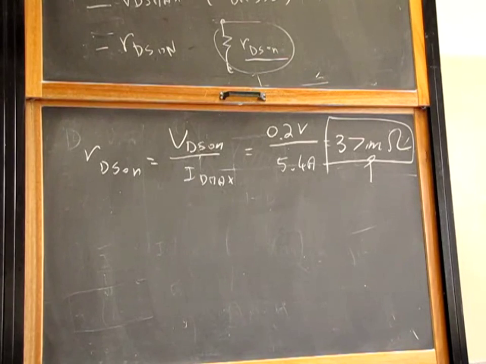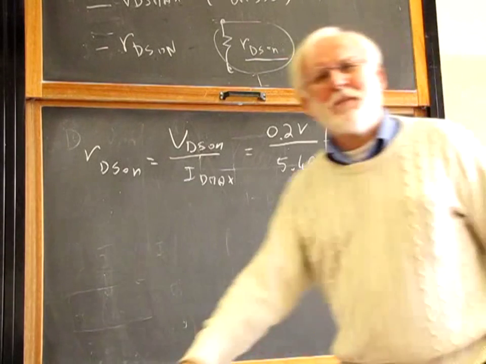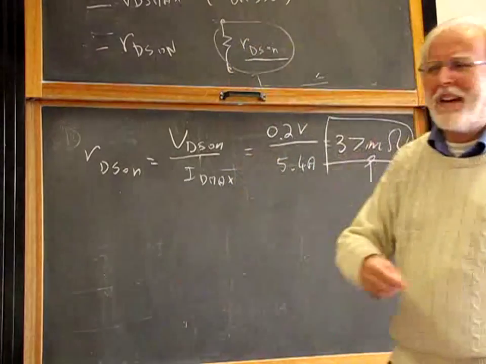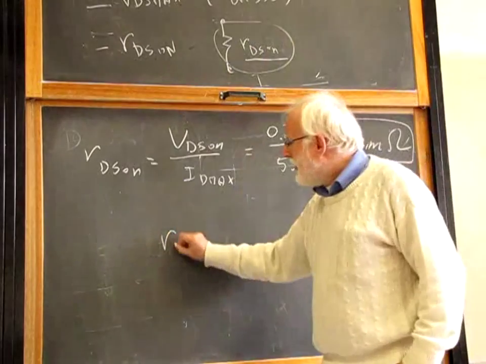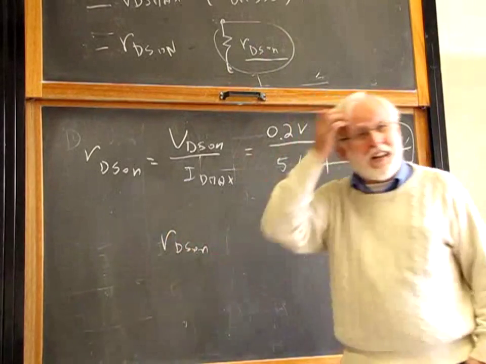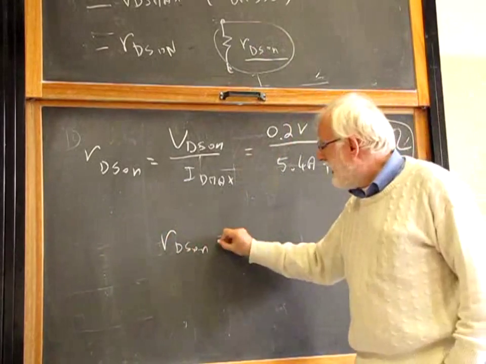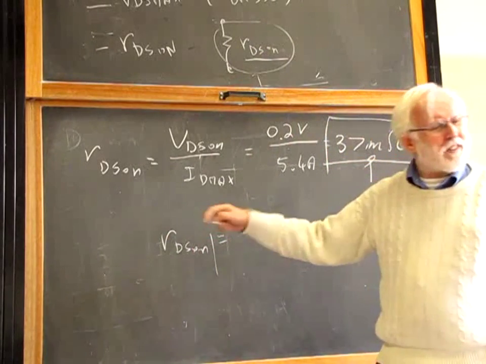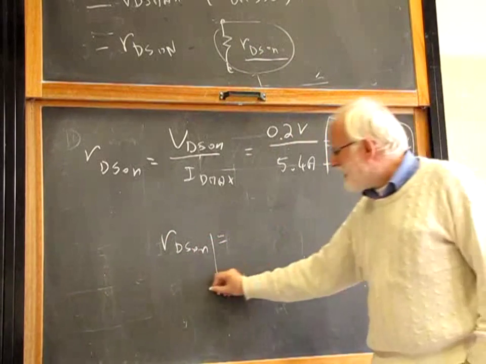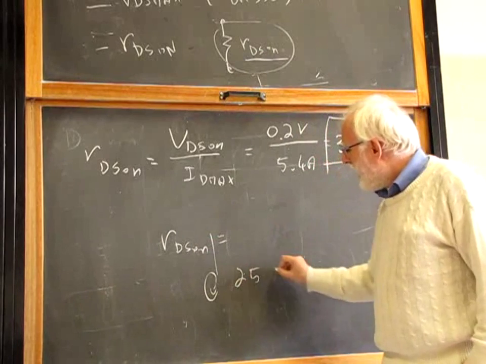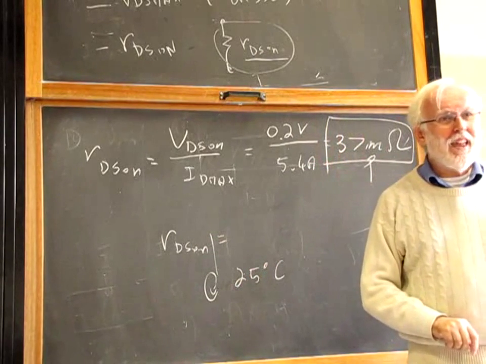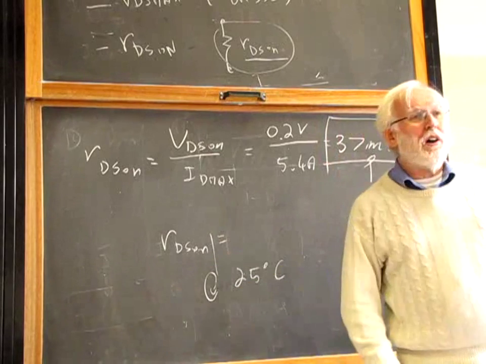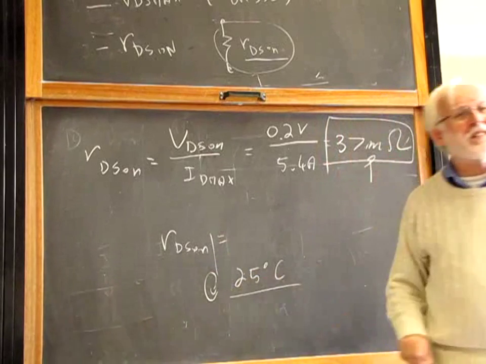Well, here in the MOS data sheet, there is something similar, not so blatantly bad, but the RDS on that you find in a data sheet has a small note, so read the fine print: it is given at 25 degrees Celsius. When your transistor works, it won't be at 25 degrees Celsius.